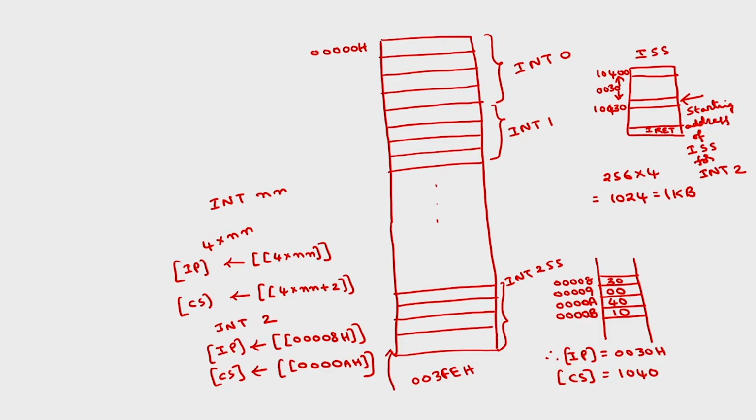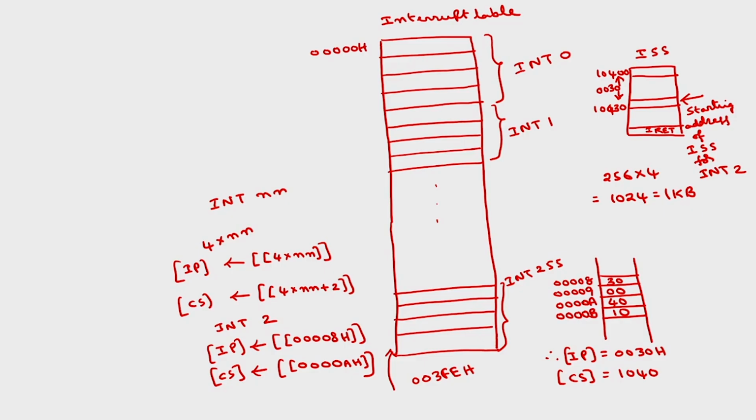So this is called the interrupt table, where the contents of the instruction pointer and code segment corresponding to each interrupt will be stored. So this is the process of interrupts.